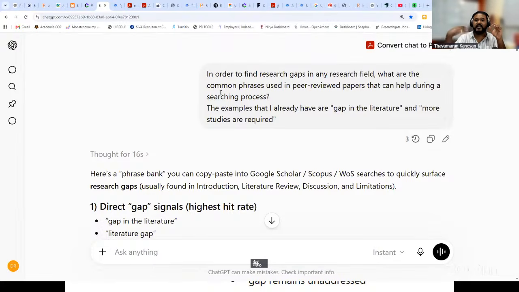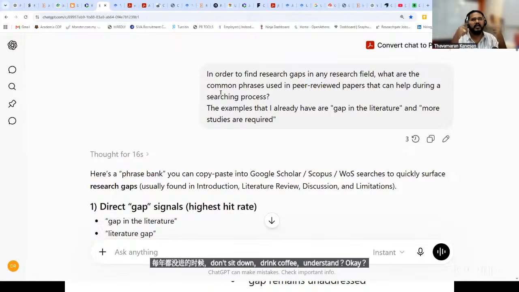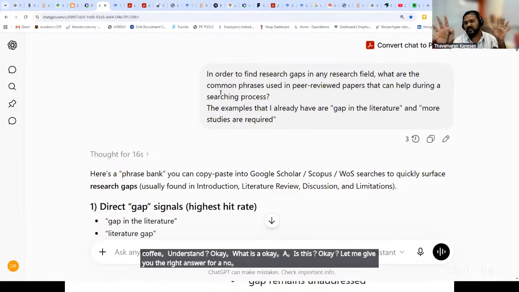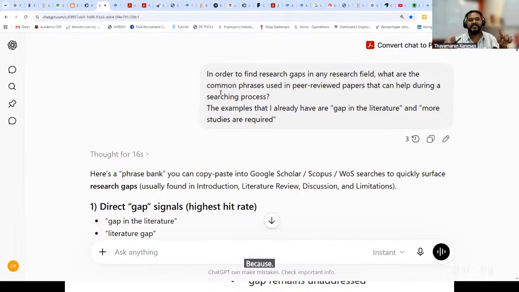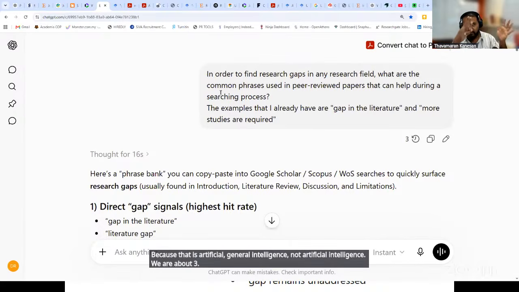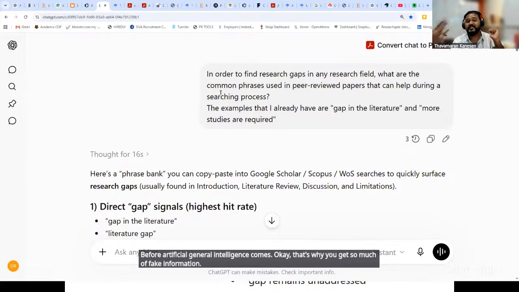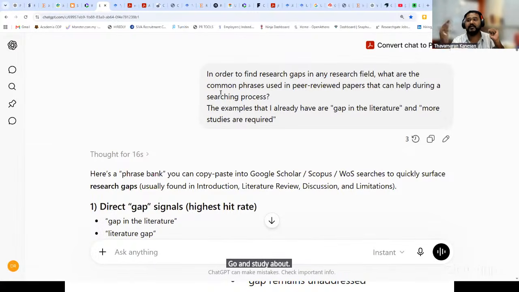When there is no match, it starts creating matches. It starts faking matches. It doesn't sit down, drink coffee, understand what A is, and give you the right answer for A. That's not what it's doing, because that is artificial general intelligence, not artificial intelligence. We are about 3 years out before artificial general intelligence comes. That's why you get so much fake information. Go and study about artificial general intelligence, you'll understand.